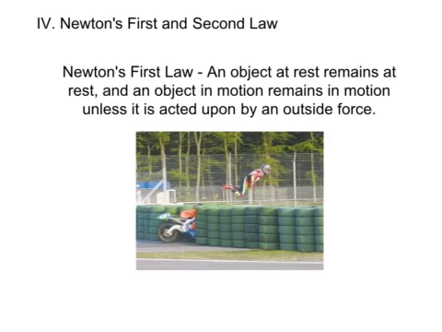When he was attached, he and the motorcycle were traveling at the same rate, so they could be considered to be moving as one object. When his motorcycle met these tires right there, he continued in his motion, and it's a nice projectile flying over the tires. So an object at rest will remain at rest, and an object in motion will remain in motion unless it is acted upon by an outside force.